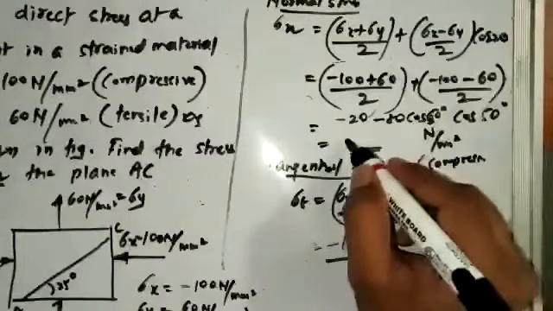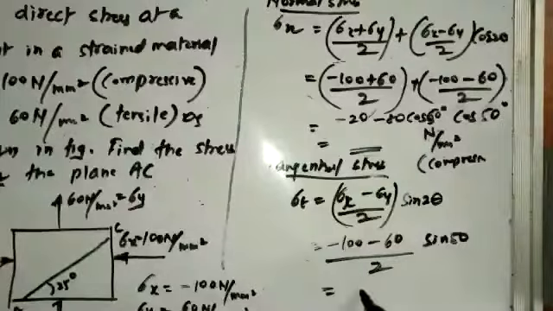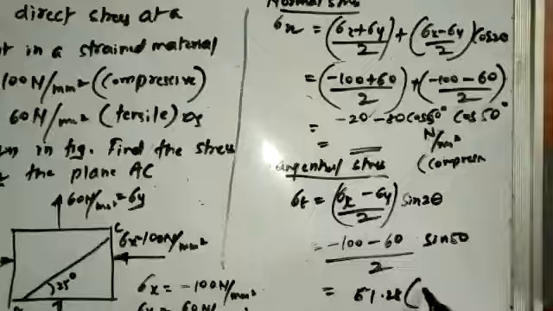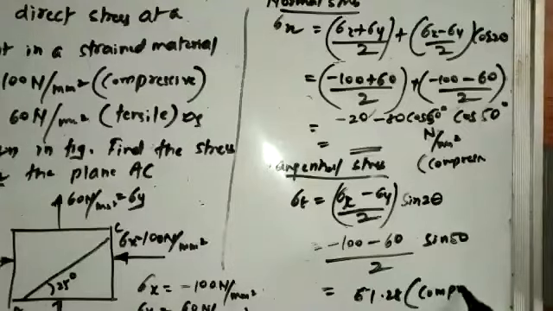Sir, minus 61.28. This value is sigma t. How much is it? Minus 61.28. Minus means you can write compressive, in Newton per millimeter square.